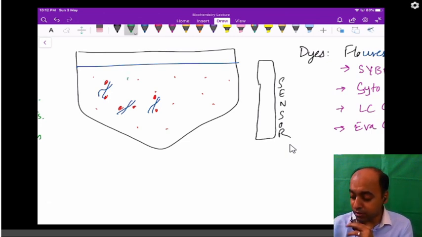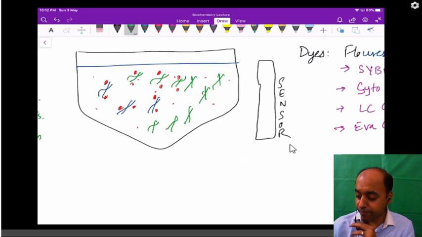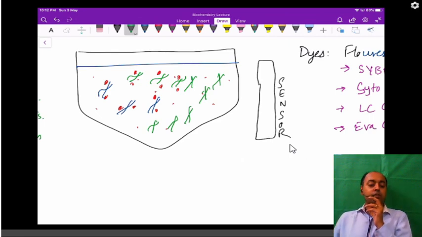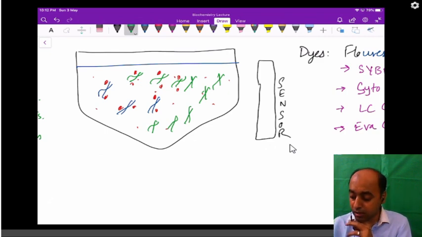And now after every cycle, a certain amount of new DNA will be formed, and therefore the fluorescence in the mixture will start increasing. After the second cycle, each of them will synthesize a copy, and now the fluorescence will also commensurately increase.